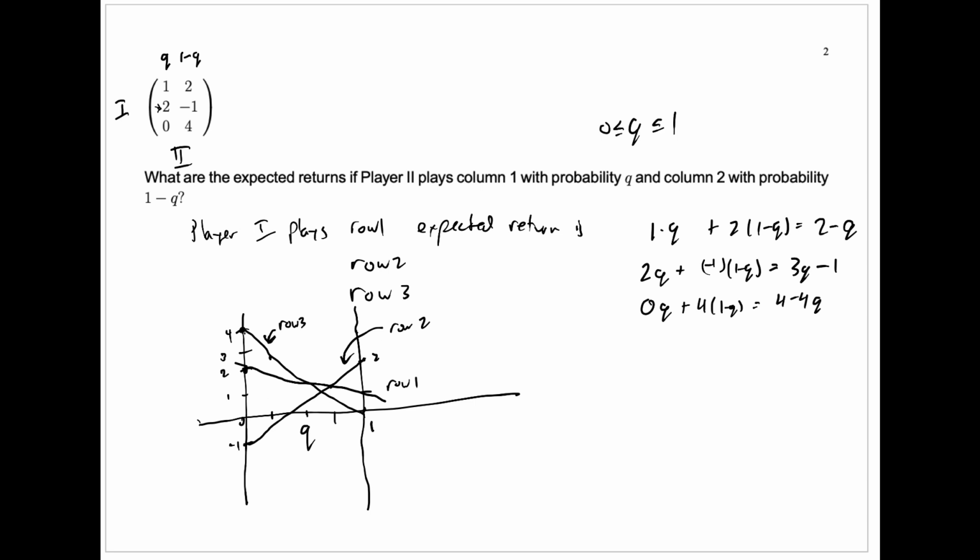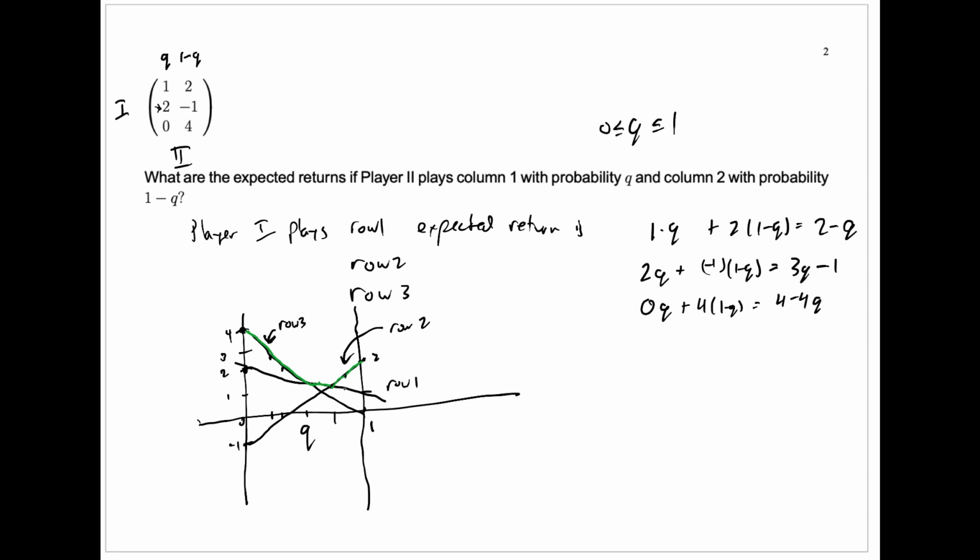If we look at this upper hull of the figure, for any value of q that player 2 would play, the worst thing that could happen would be for player 1 to play the correct row that brings the value way up here.